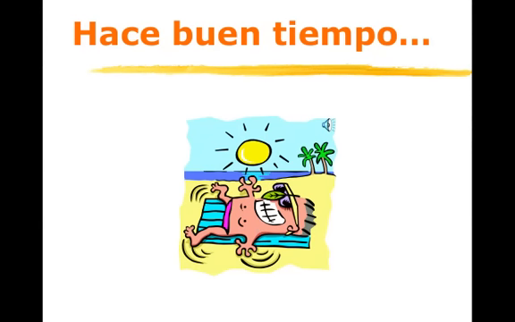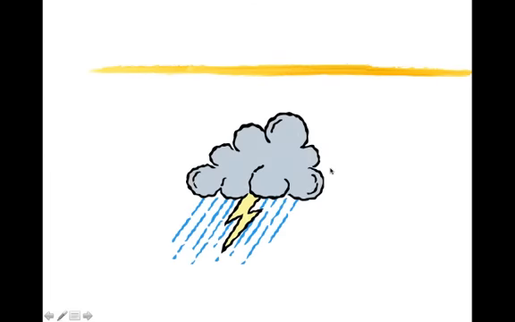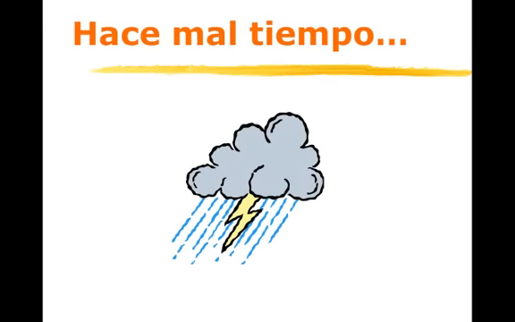Hace buen tiempo. Like I said, just means it is good weather, or it's nice out. It's very nice weather. Lots of ways to translate it. The opposite would be hace mal tiempo. It's bad weather. And here we can get more specific. We always use hace to start our sentence, and then we get specific.